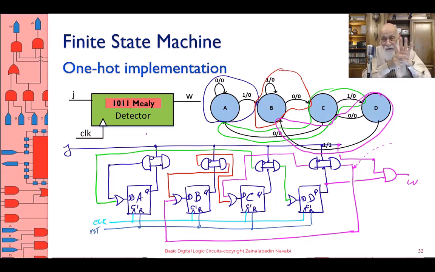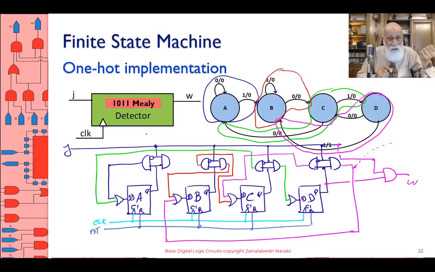Of these 16, I'm only using 4 valid ones. So the chance of me powering the circuit and ending up in a bad state is pretty high. And therefore, we want to make sure that we have some kind of initialization.